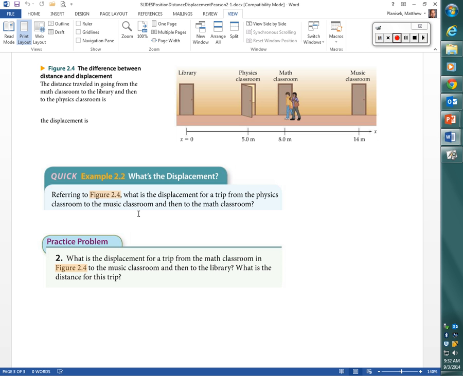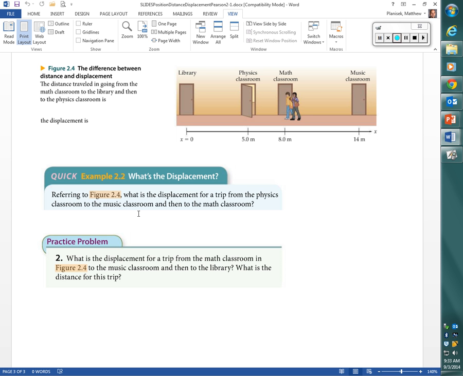To the left of those pictures, where it says figure 2.4, I have taken some of the words out of that description because I want you to fill in the words. Underneath those pictures, quick example 2.2 and practice problem 2, all 3 of those problems deal with that picture.